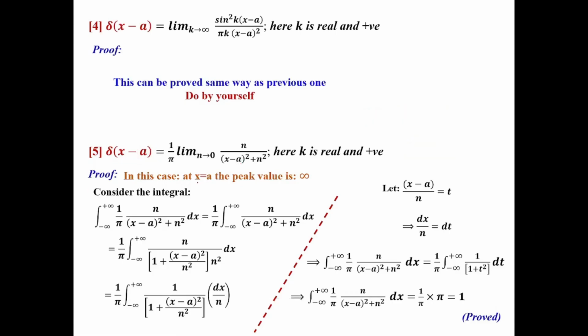In this case, at x equal to a, the peak value will be how much? Infinite. Here you can see, if I put a instead of x, this value will be 0.